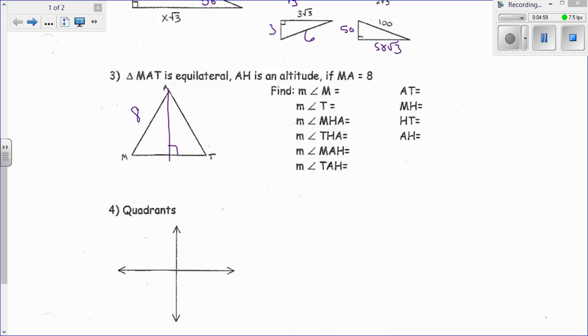Well, if this is an equilateral triangle, then we know that AT is equal to 8 as well. So we can go ahead and label that. All my triangles have the same angle measurement, and they are 60. So that means that M is 60 and T is 60.